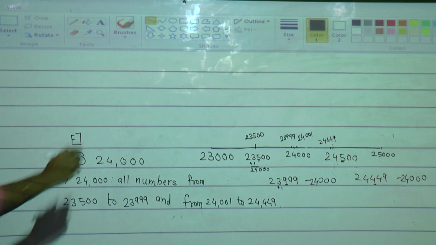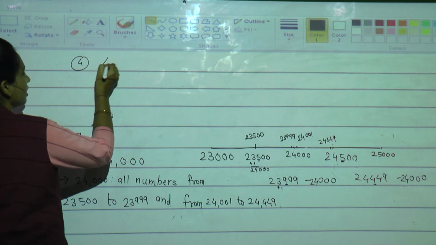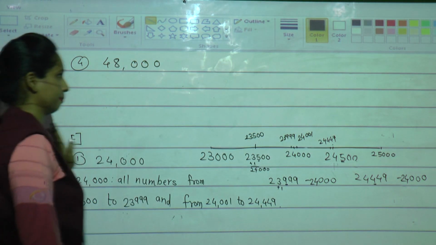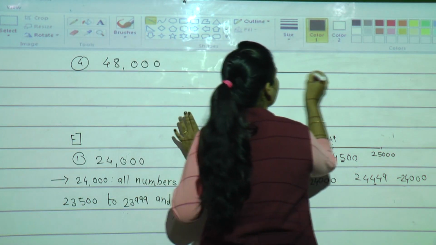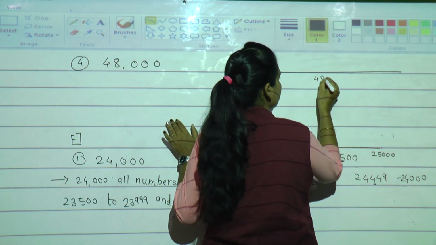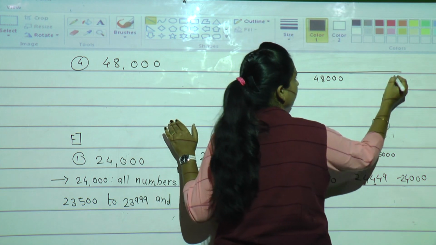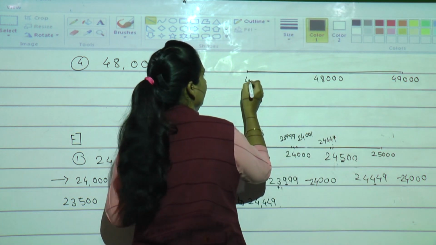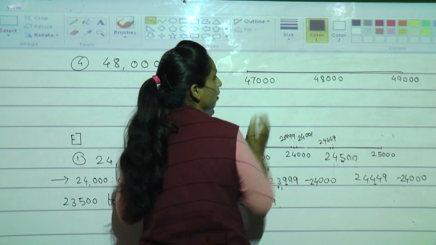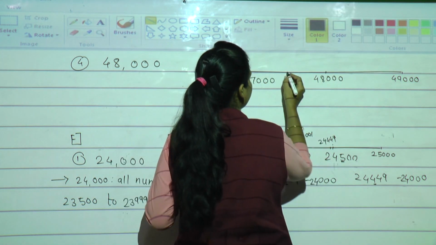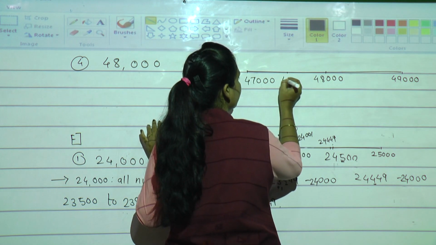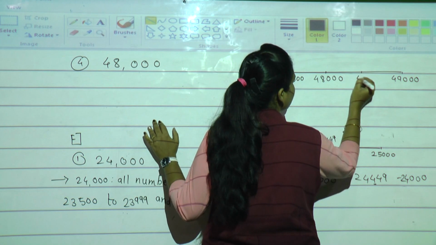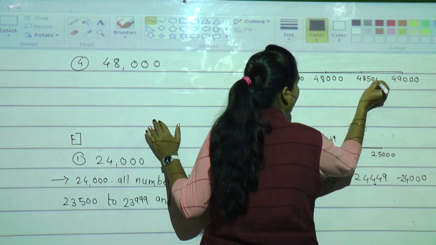48,000 it is. The fourth one is 48,000. Same, draw the number line of 48,000, with 49,000 as the next and 47,000 before, and the mid numbers will come. What are the mid numbers? 47,500 and here 48,500.